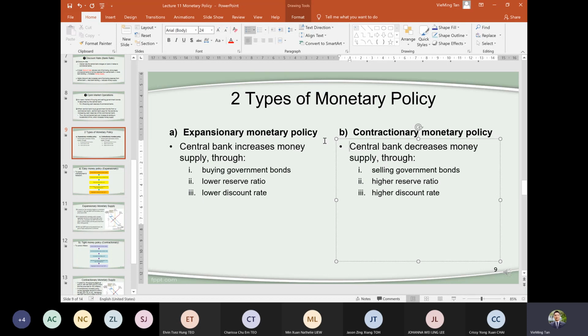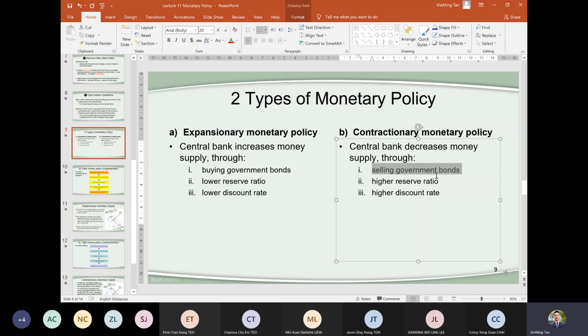The government can use contractionary monetary policy, whereby the central bank reduces the money supply by selling government bonds to the commercial banks, so that this reduces the money supply in the market.